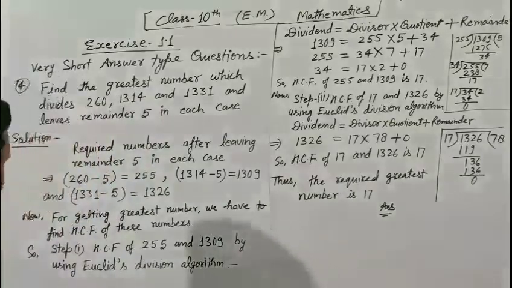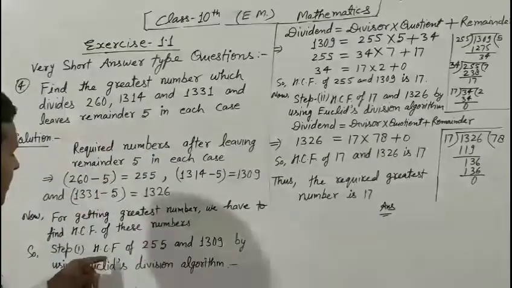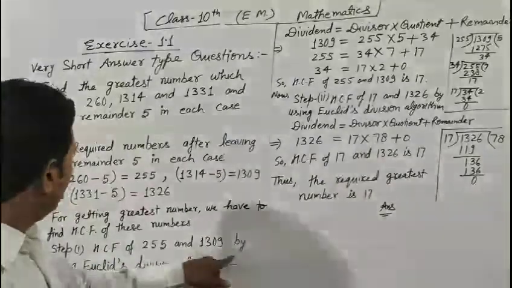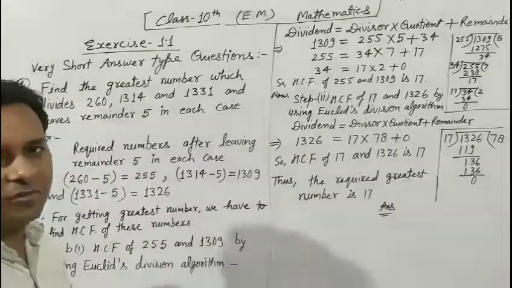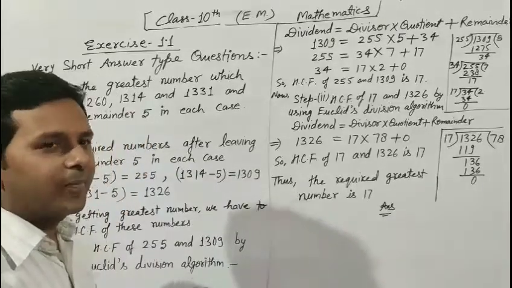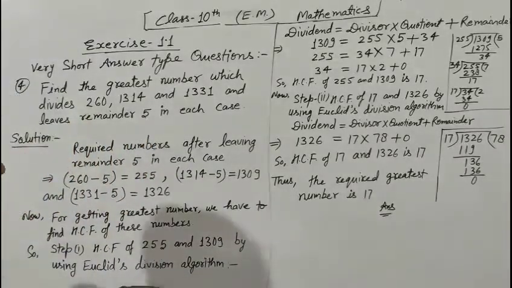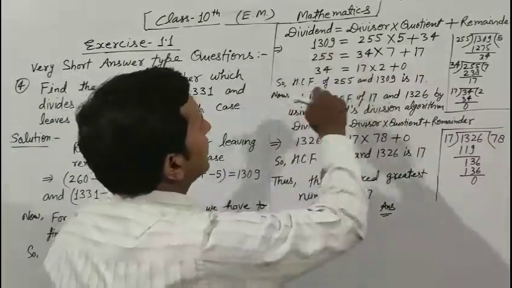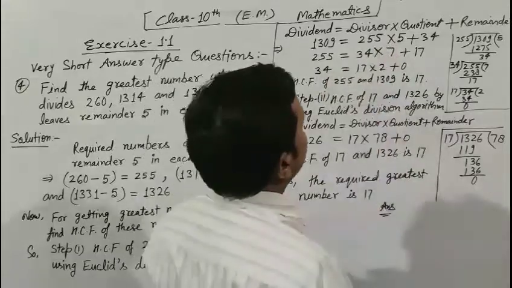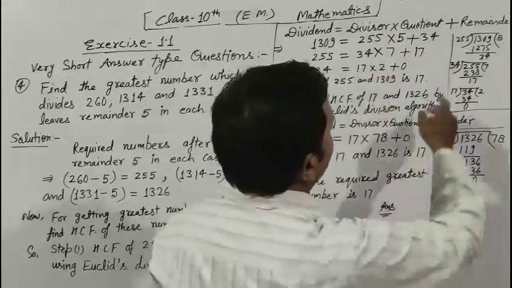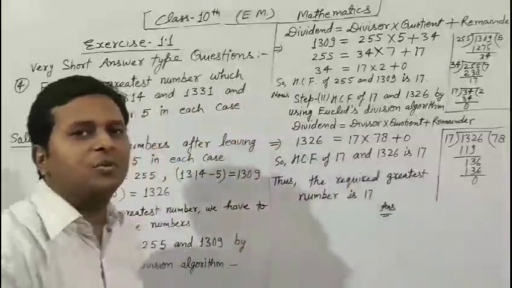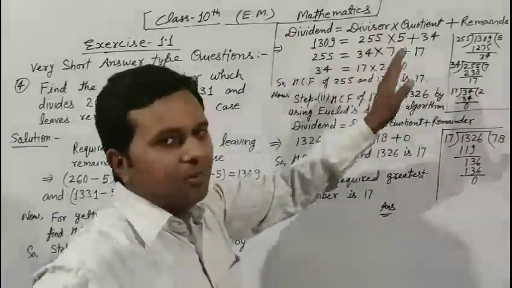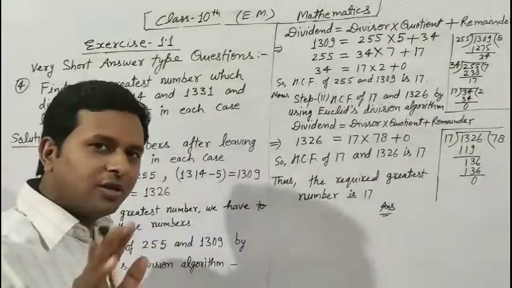In the first step, we find the HCF of 255 and 1309 using Euclid's division algorithm, as we discussed yesterday. The formula given by Euclid is dividend is equal to divisor into quotient plus remainder.